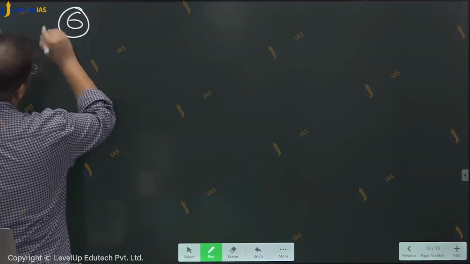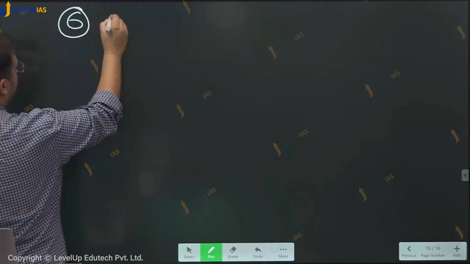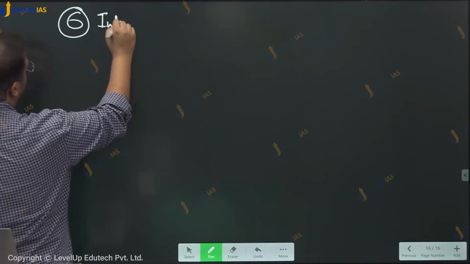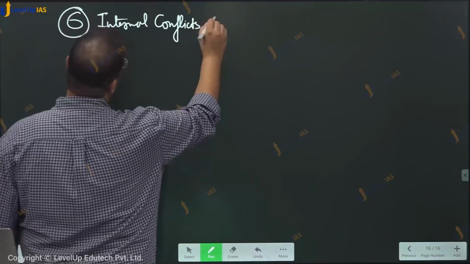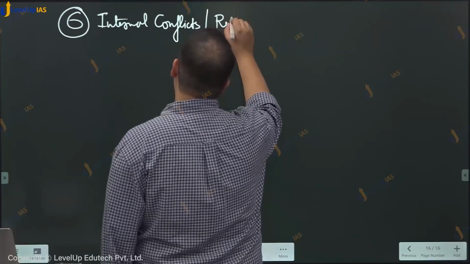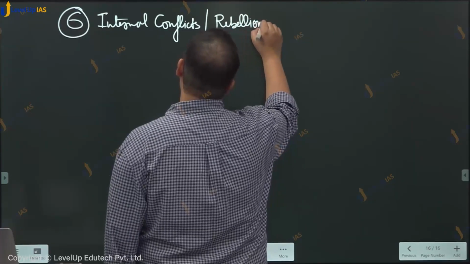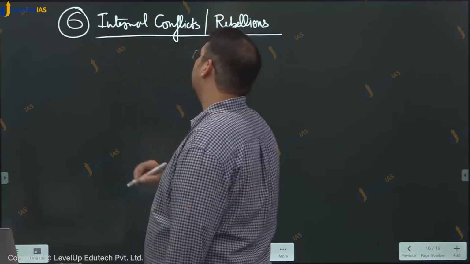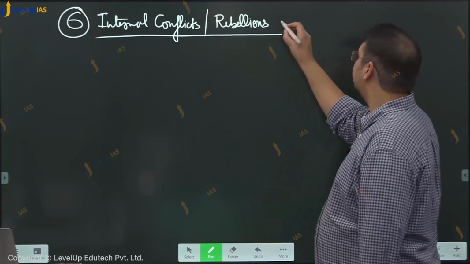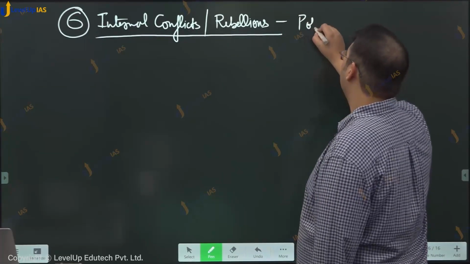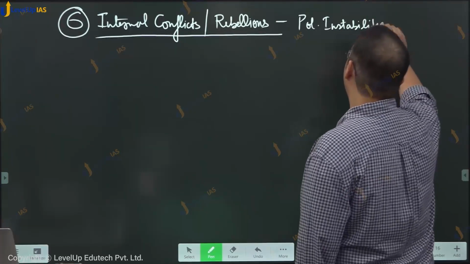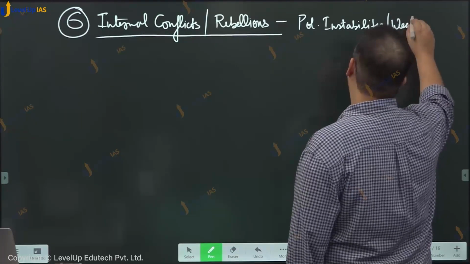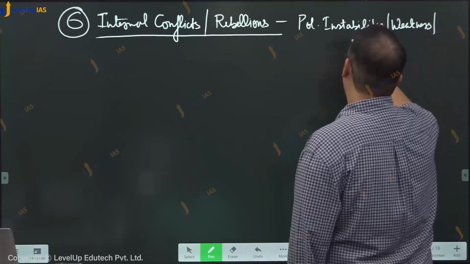Now, while it cannot be denied that there were a number of internal conflicts and rebellions within the Delhi Sultanate leading to political instability, weakness and ultimately decline.